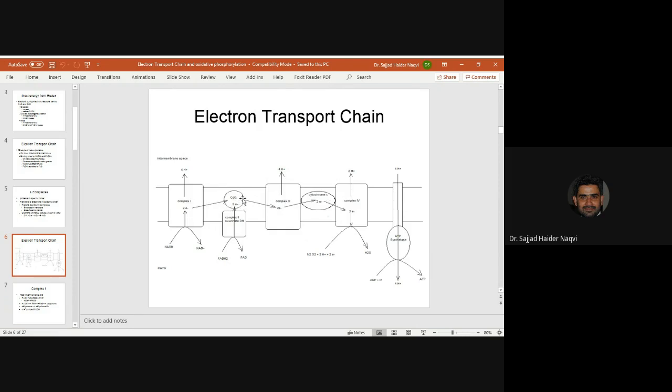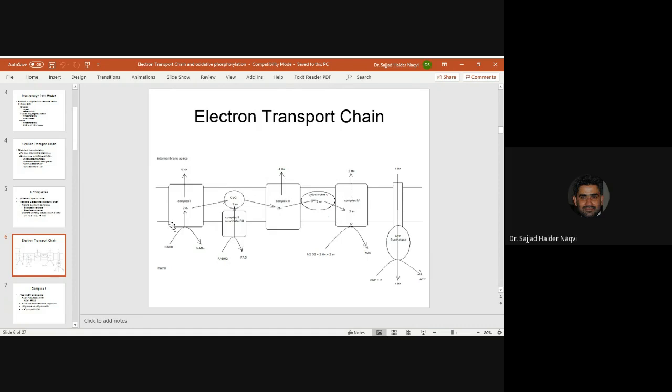So these complexes, as I said earlier, have binding sites for NADH and FADH2. You can see that complex 1 can bind with NADH, and NADH after losing its electron will be converted to NAD positive. And these electrons which are taken up by complex 1 will then result in the pumping of four protons across the membrane of the mitochondria.